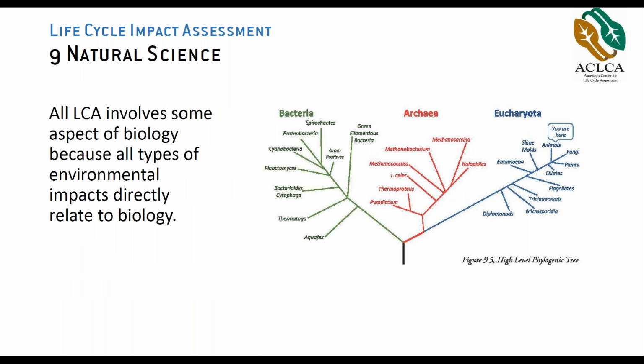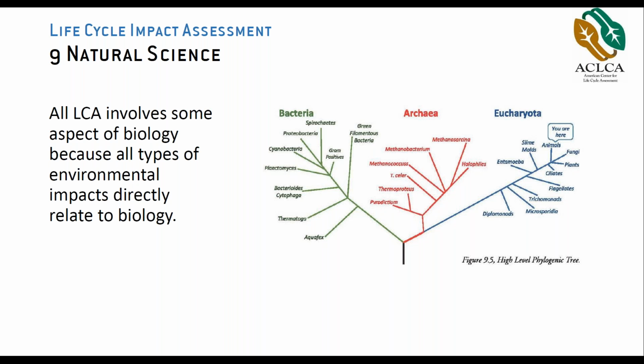Part of this chapter talks about biology because fundamentally, if we're worried about environmental impacts, we're not talking about impacts for rocks. We're talking about impacts on organisms. This is sort of a concept that's embedded in deep ecology.